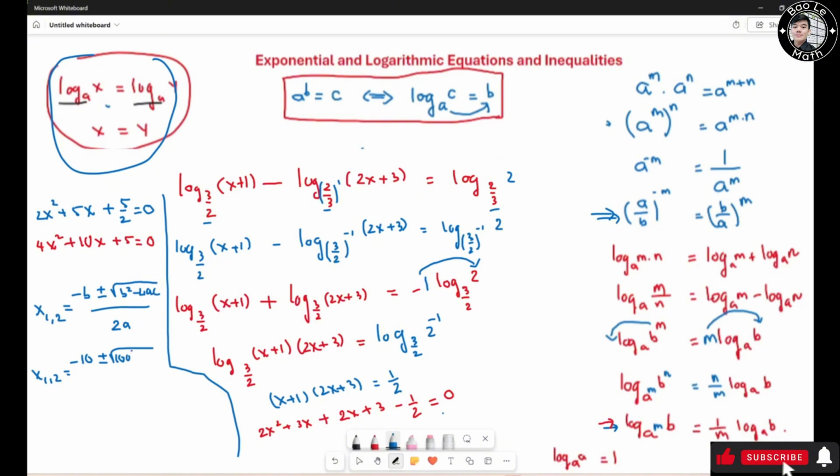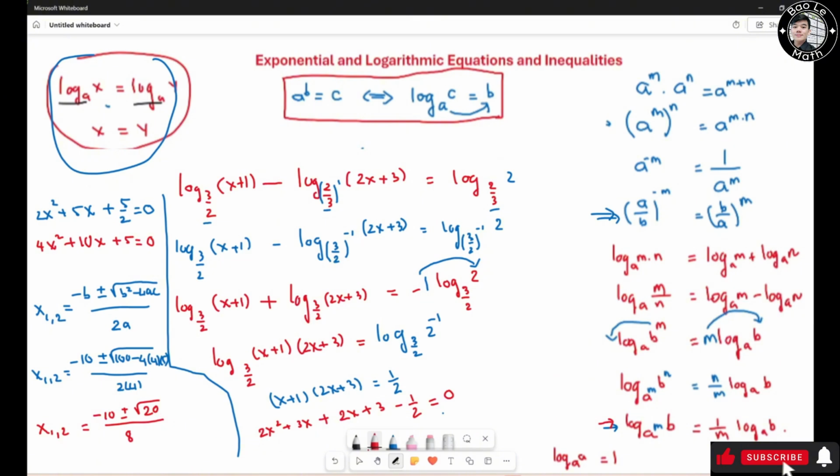Minus 4 times a times c, minus 4 times 4 times 5, right? Over 2 times 4, right? Now I just simplify this one, so x1, 2 equals negative 10 plus minus. Now 4 times 4 equals 16 times 5 is going to be 80. So 100 subtract 80 is going to be 20. So the plus and minus square root of 20 over 8, right?